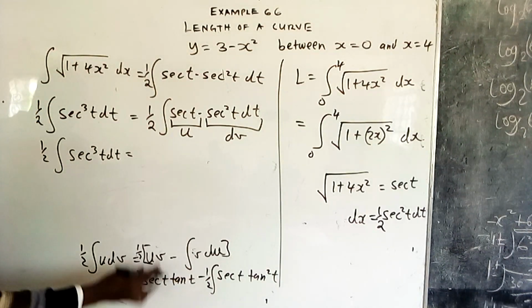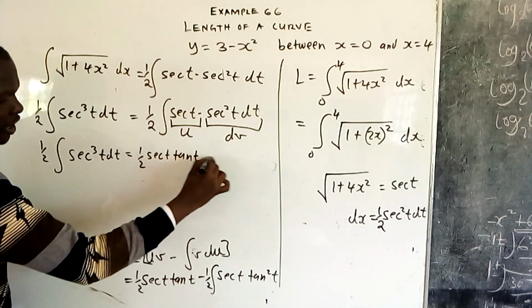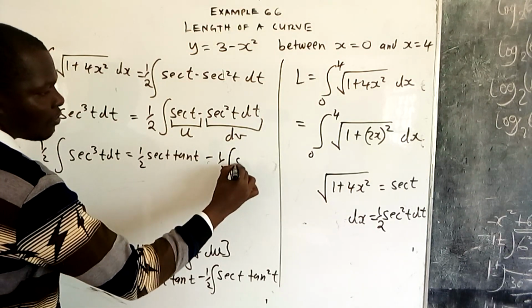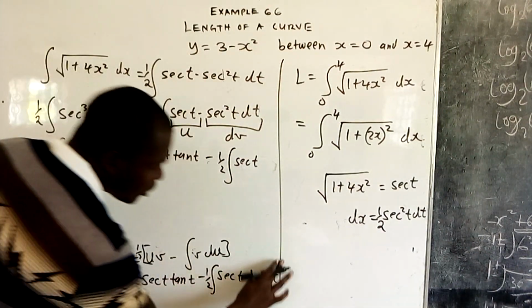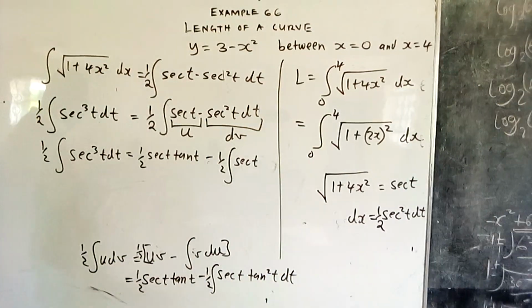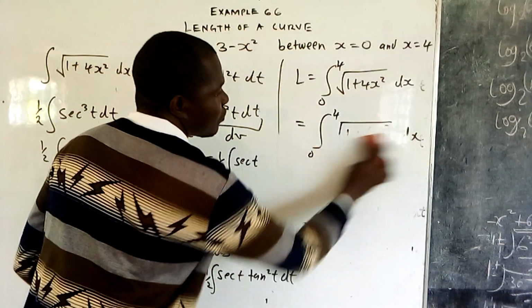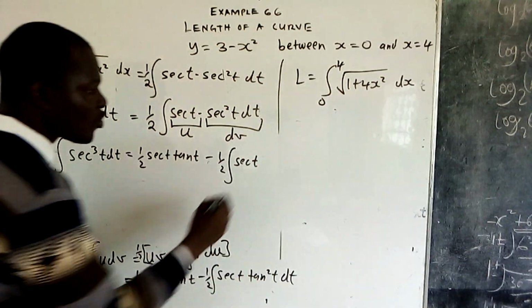We found it is the same as a half sec t tan t minus a half integral of sec t tan squared t dt.